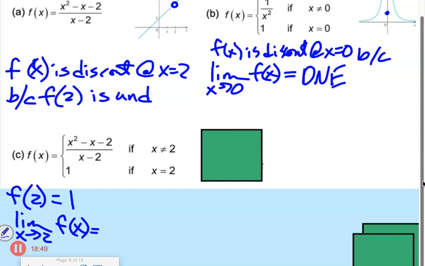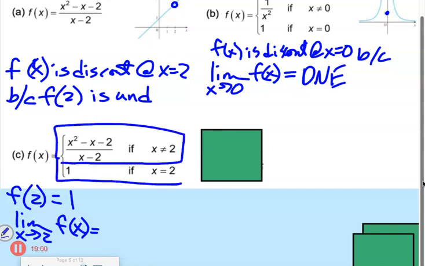Why? But I'm talking about this piecewise function, this whole top versus this whole bottom. There we go. Yes. Okay. So we're going to do the limit of this guy. So we do the limit as x approaches 2.